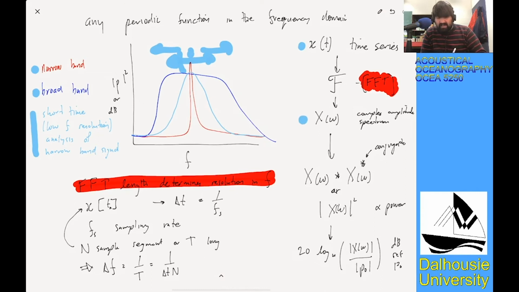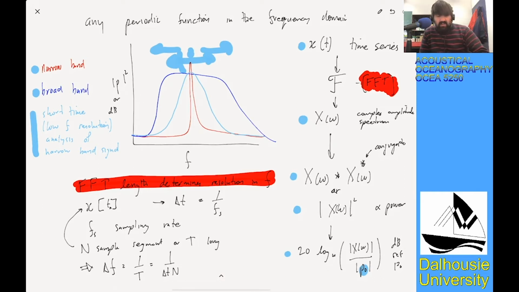We multiply that by its conjugate, or the alternative is to take the absolute value and square it, and that gives us something proportional to the power. You normalize that properly and you get the power. Then we take 20 log 10 of that, reference it to a reference pressure, and then we get the power spectrum in terms of dB re P naught. Okay, a bit hand wavy there, but you get what I'm saying.